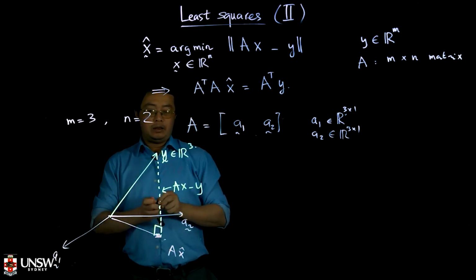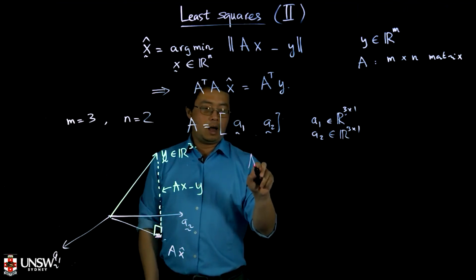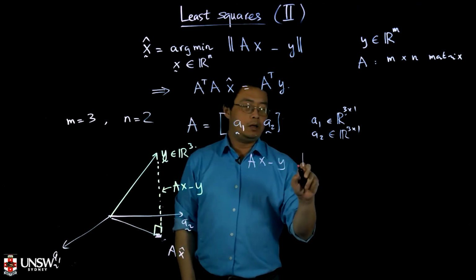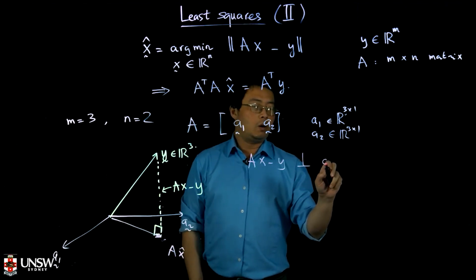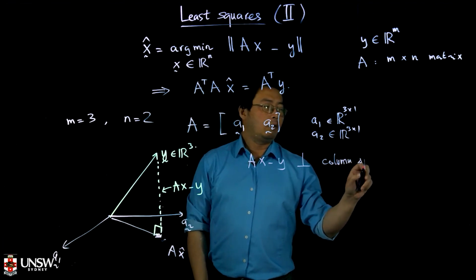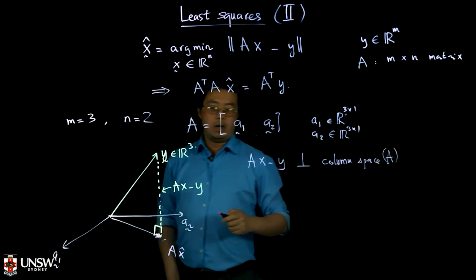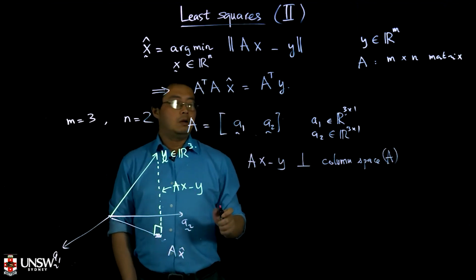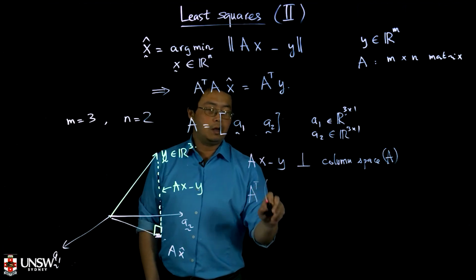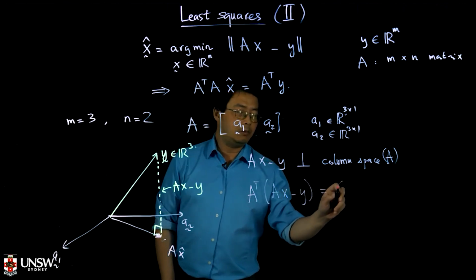And in that case, we can say that Ax hat minus y is perpendicular to the column space of the matrix A. In linear algebra, it just means that A transpose (A x hat minus y) equals 0.